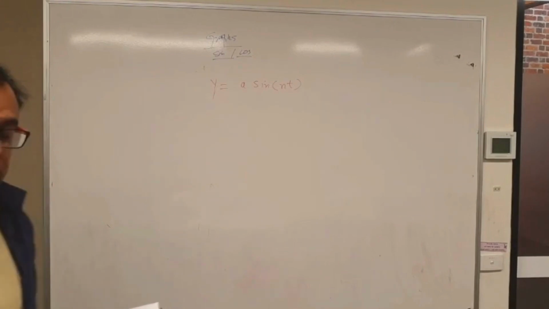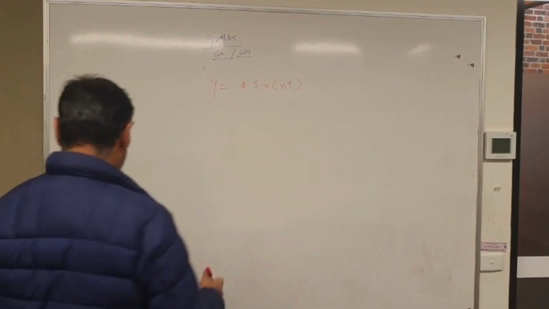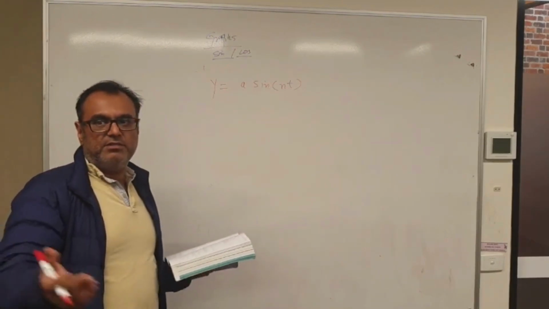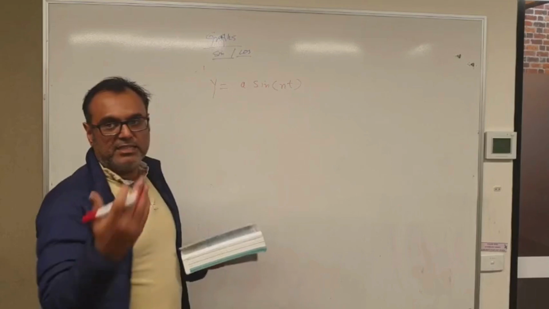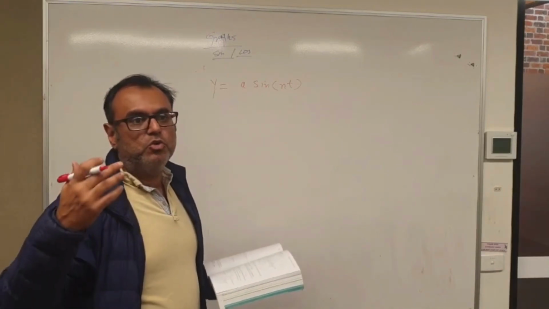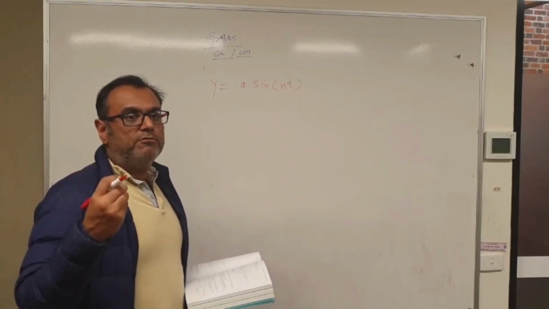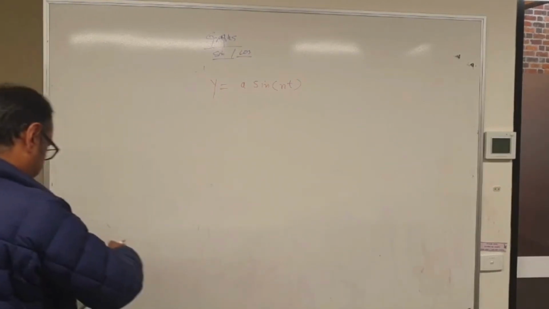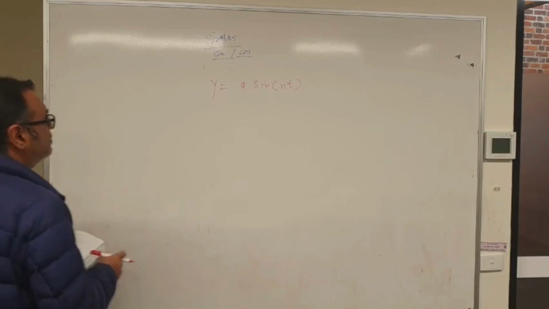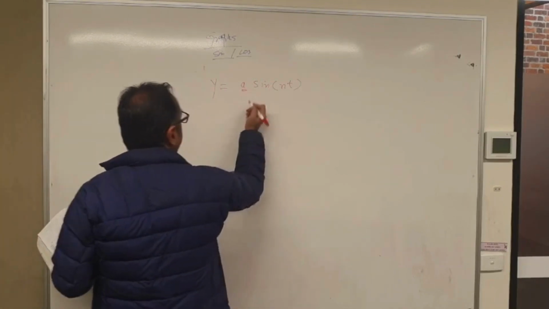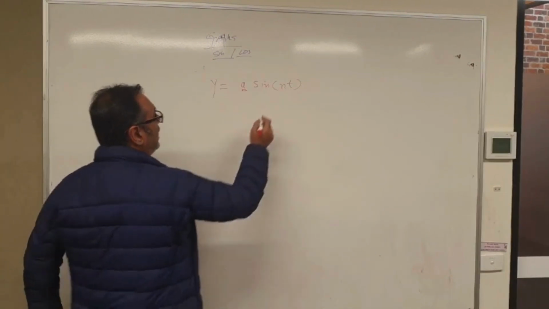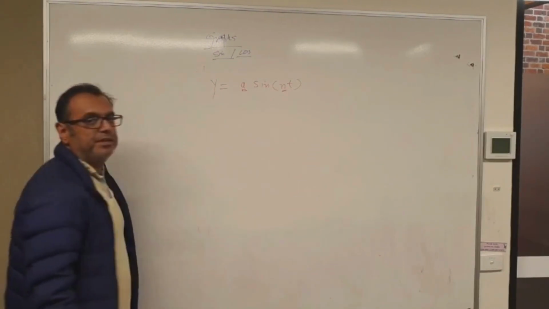Doesn't really matter. But t would be the angle if you were to put in a unit circle. Yep. Theta is the angle, the x-axis of the graph, if I were to talk from a graph perspective. Now, this number A is the amplitude, it decides the amplitude. Now, this number n decides the period.